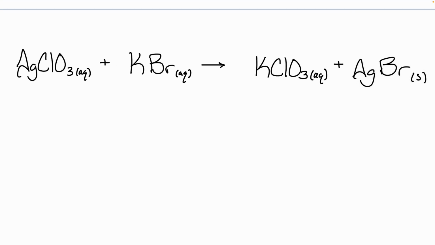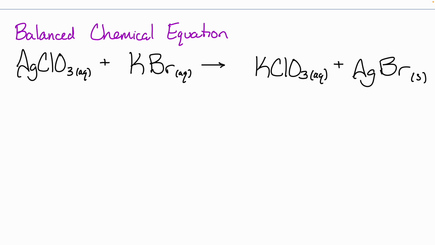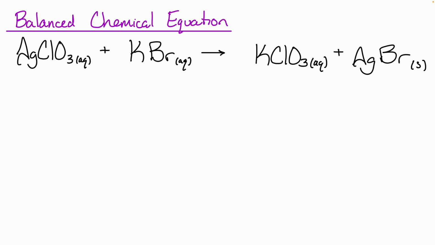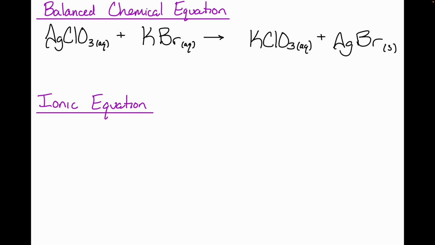This is what we call our balanced chemical equation. We just did a lot of work for writing balanced chemical equations for this specific type of reaction, given just those 2 reactants. Okay, so now we're going to take this balanced chemical equation and first turn it into what's called an ionic equation. And then we're going to take that ionic equation and create what we're going to call our net ionic equation.